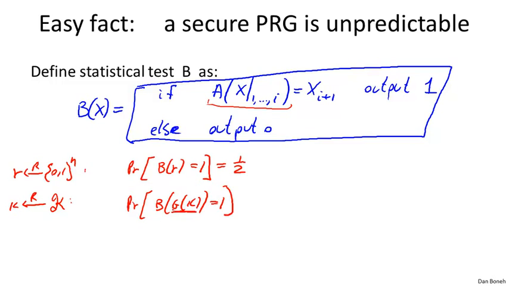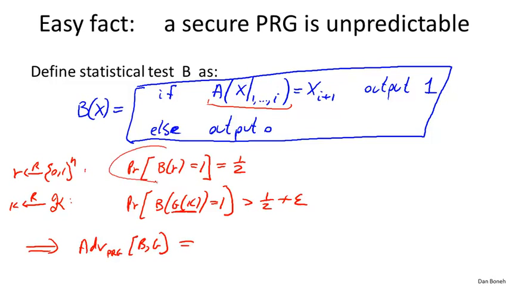So in this case, our statistical test B will output 1 with probability greater than 1/2 plus epsilon. And basically, if we look at the advantage of our statistical test over the generator G, it's the difference between this quantity and that quantity. And the difference between the two, you can see, is clearly greater than epsilon.